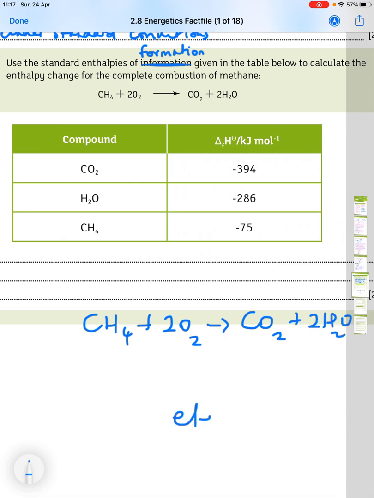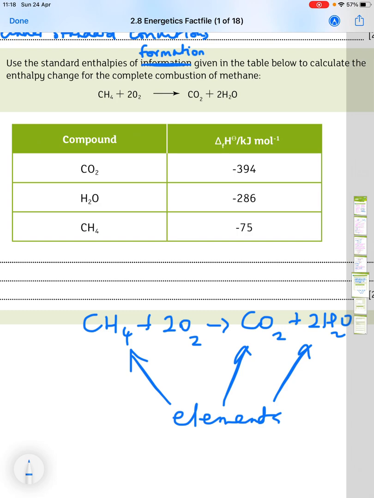So enthalpies of formation, that means we've got the elements. Now I don't need to write out what they are. I can just write elements, it doesn't matter because we're looking at the top equation being balanced. That's the most important thing. So what I'm going to do then is to put my arrows on for the information that we've got.